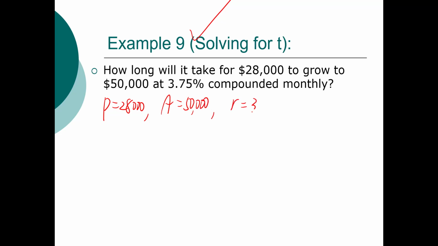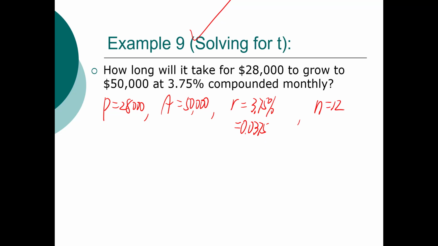The rate is 3.75%, compounded monthly, and 3.75% as a decimal is 0.0375, with monthly compounding over 12. The only thing we don't know is time t. We'll solve for time t here.